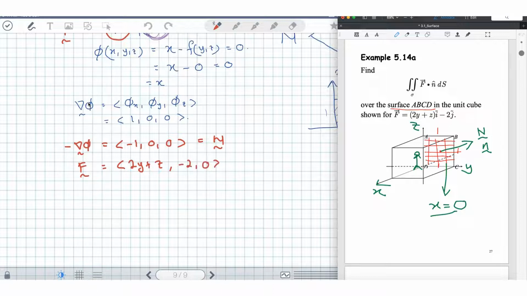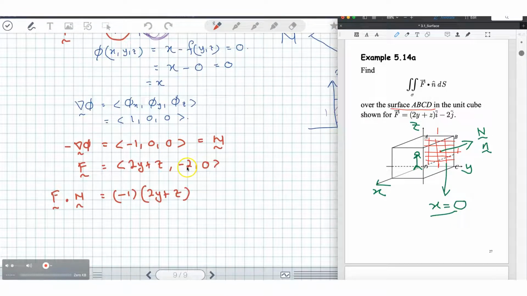When we apply the dot product of f and the normal vector, we have negative 1 multiplied by 2y plus z, and the rest are 0. So 0 multiplied by minus 1, 0 multiplied by 0, and we get negative 2y minus z.